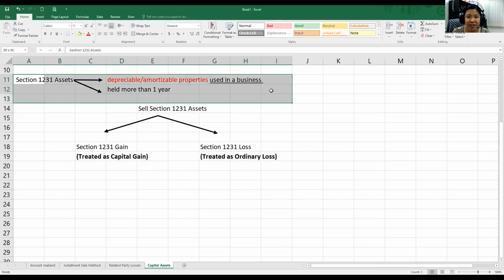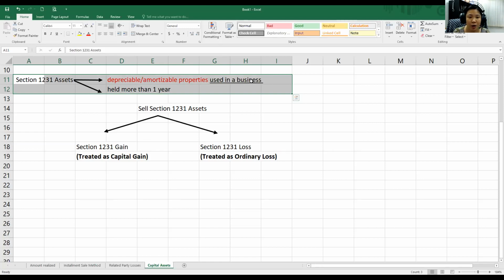These are the two conditions for section 1231 assets. First, it should be depreciable or amortizable property, and it is used in business.